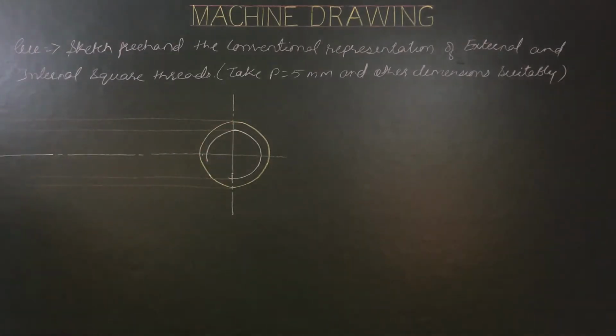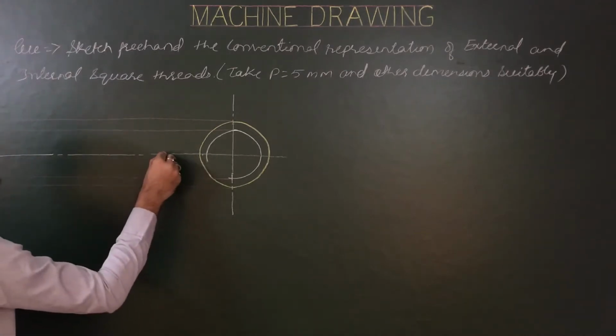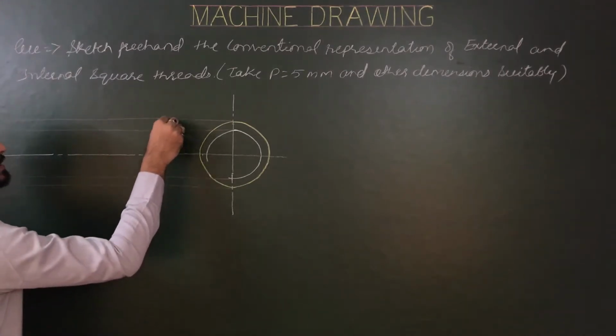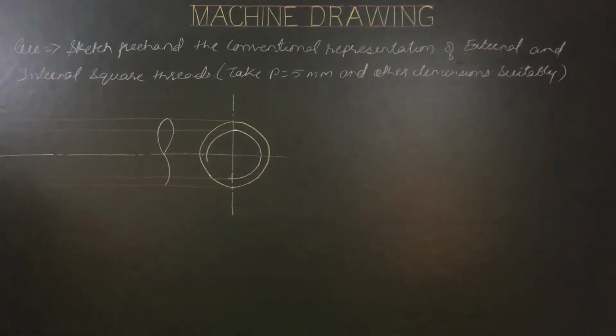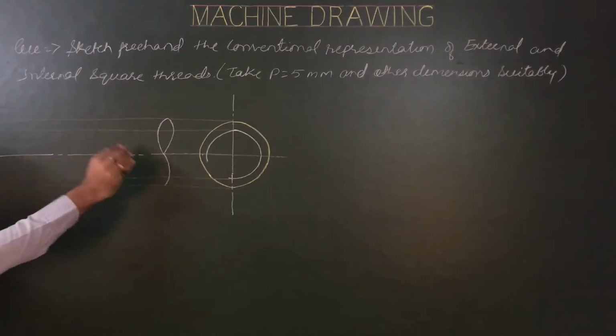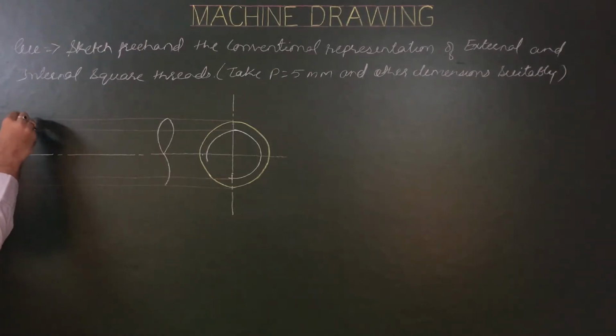for the front view. Now we have to start from somewhere here, so conventionally draw the end of the bolt and then mark a point on a line, draw a line perpendicular to XY, and we will start from this point.